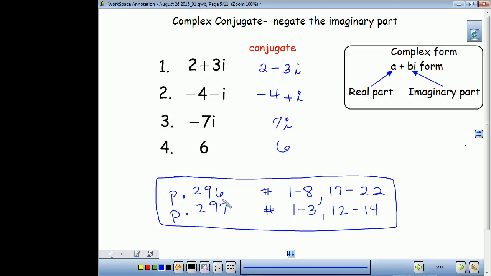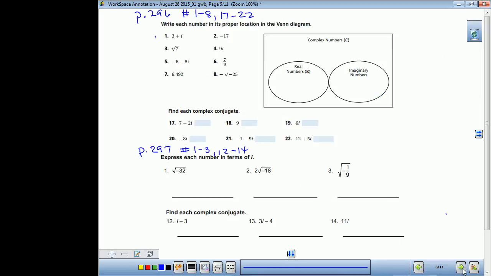Okay, open your geometry workbooks to page 296. This is our geometry workbook. We're back in it. And your homework tonight is out of your geometry textbook. If you forgot to bring it, here are the problems. In 1 through 8, you are filling in the bin.